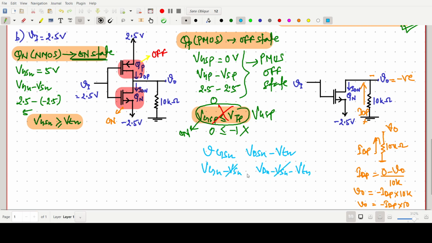VGN, this voltage, is 2.5 volts. VDN, the drain of this, will be some negative value, and this will also be negative, minus 1. So this 2.5 value will be greater than this one.